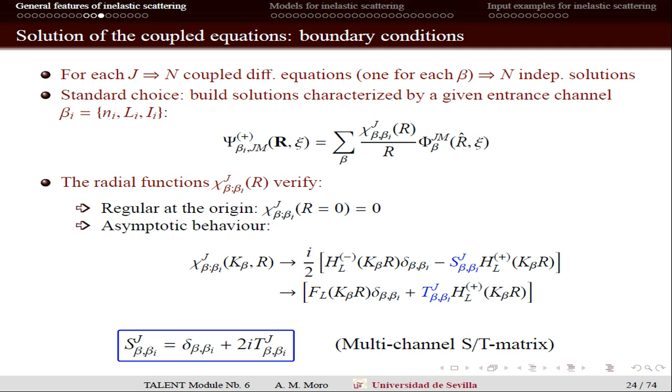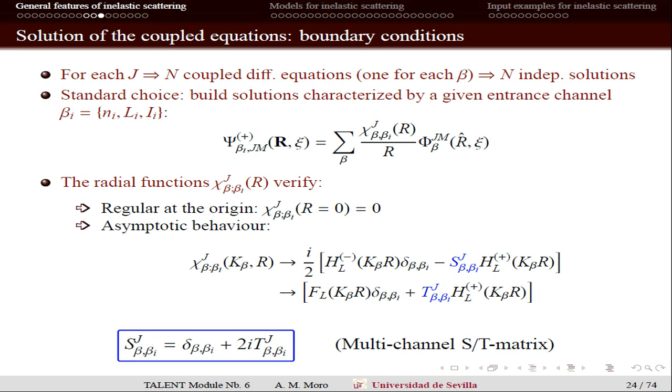So now the name makes more sense as compared to the single channel case. We have to solve the equations imposing this condition, and the code, Fresco for example, will extract for us this S matrix for each total J. For each total J, it will give us a matrix of complex numbers.